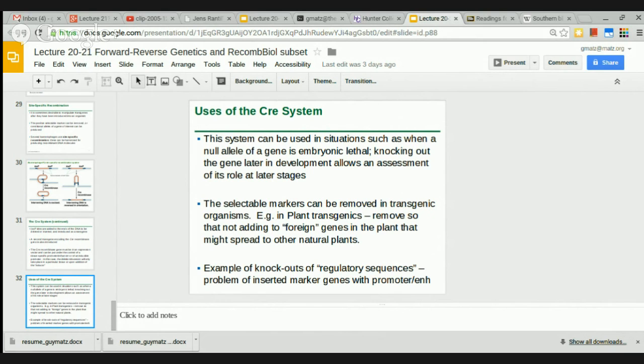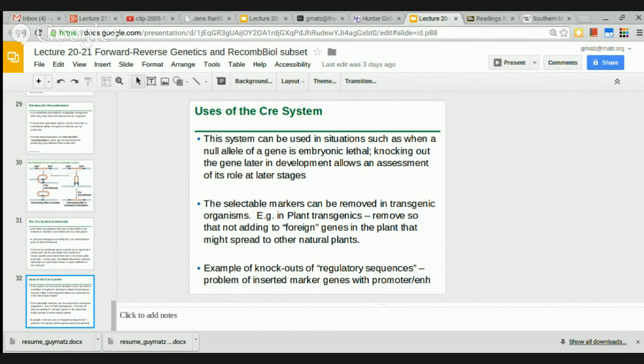Also, people like myself who work with regulatory sequences within the genome found that when we started to try to knock out enhancers, of course we were introducing a marker gene in there, so we couldn't really look at the clean effects of the loss of our regulatory sequences.